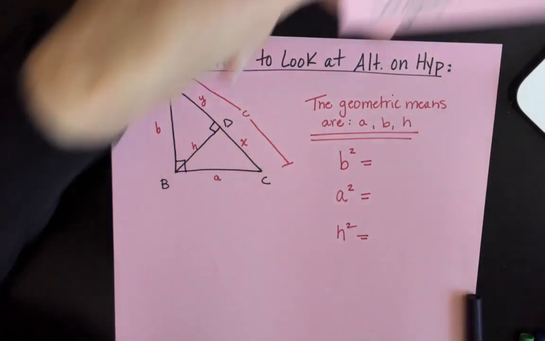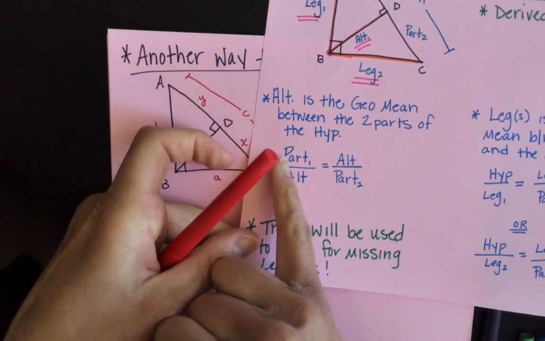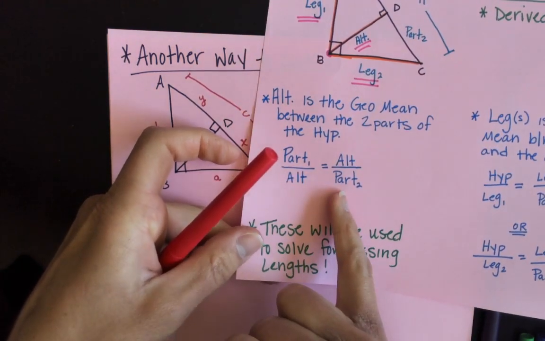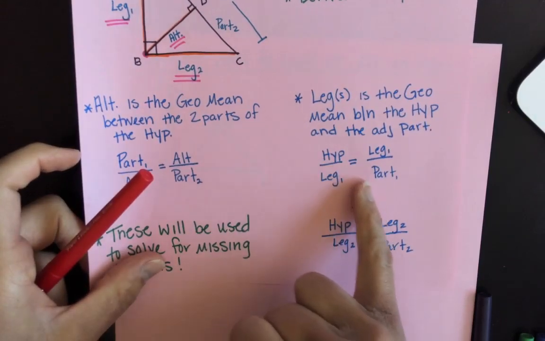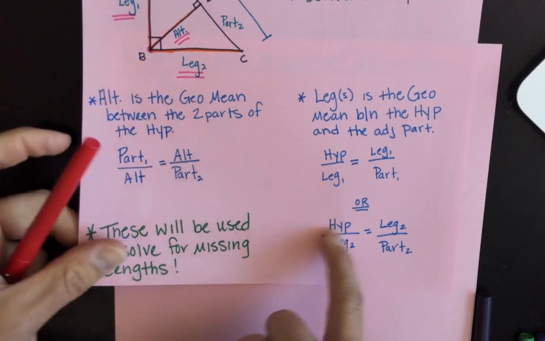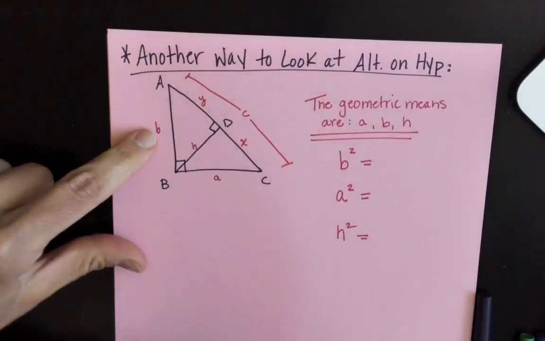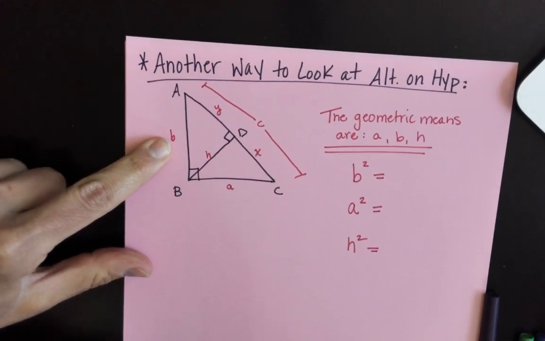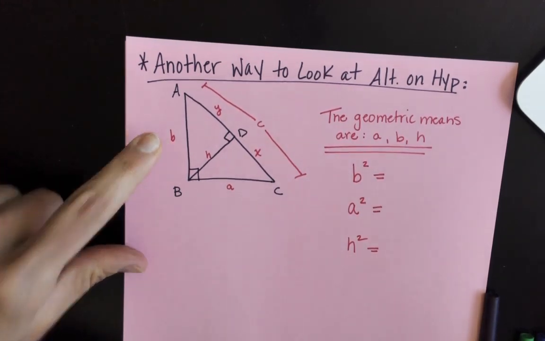So now what you need to look at is if we multiplied here, the two parts would get multiplied together. If I multiplied here, the adjacent part and the hypotenuse, the adjacent part and the hypotenuse. So B, what's its adjacent part and what's the hypotenuse?